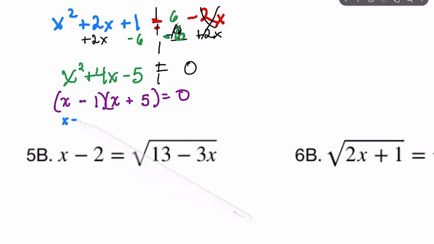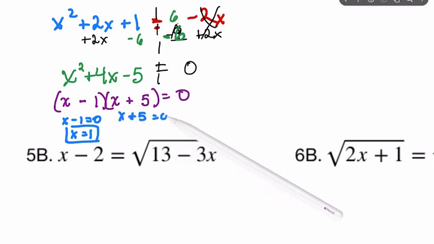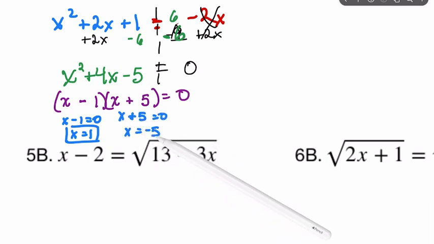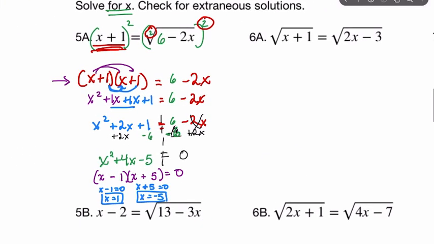And then I can set each factor equal to 0 and solve it. So I add 1 to both sides, x is 1. And I subtract 5 from both sides, x is negative 5. Now we do have to check here for extraneous solutions. So I'm going to check. Here's the equation.